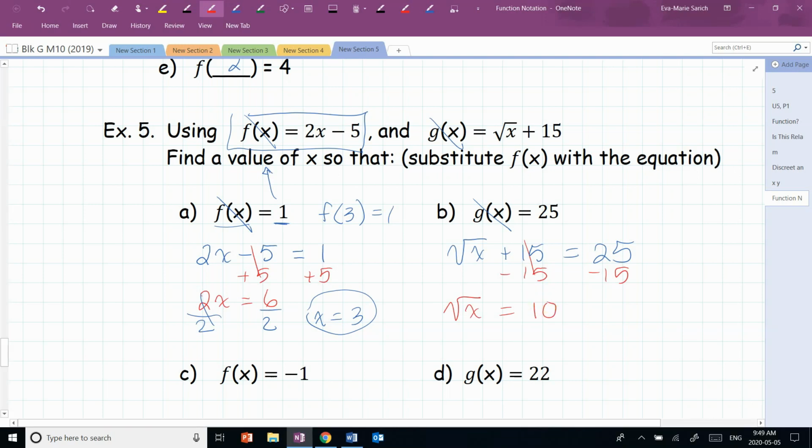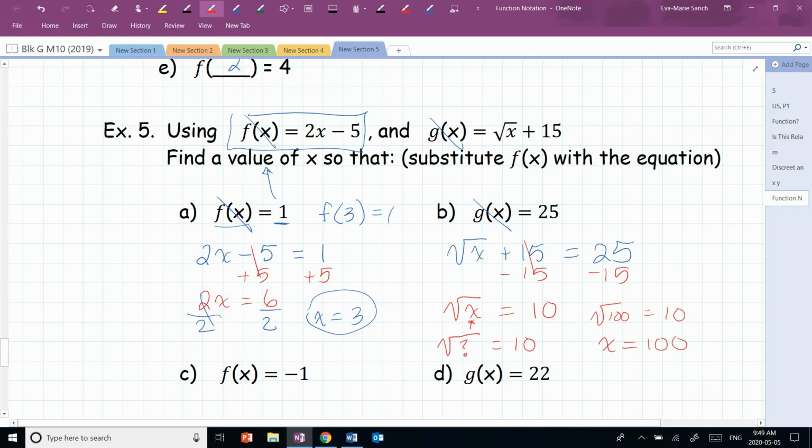Now, we have to think about this a little bit differently. What number, if we took the square root of it, would equal 10? Well, that number would have to be 100. X would have to equal 100 because the square root of 100 equals 10.